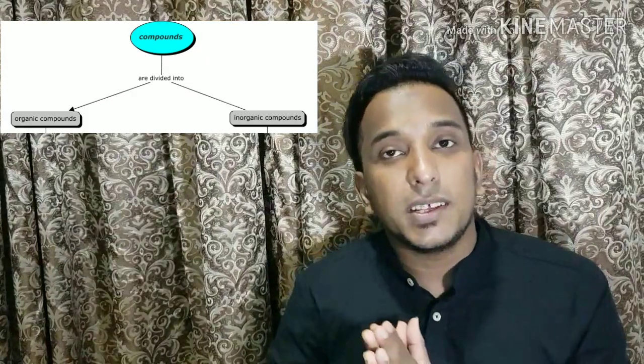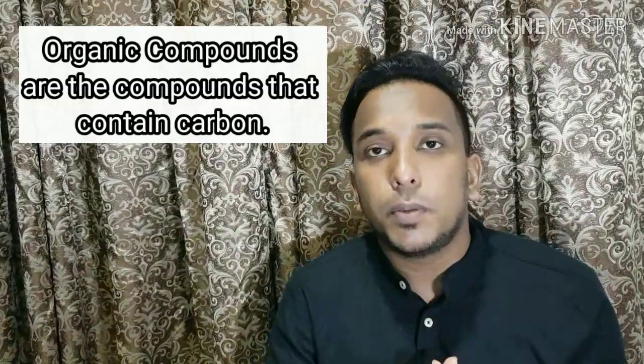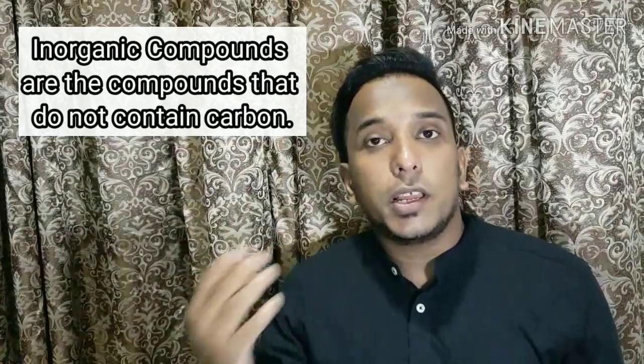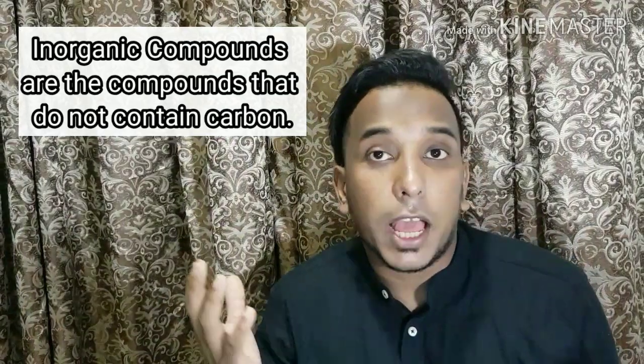Compounds can be divided into two: organic and inorganic. Organic compounds are the compounds that have carbon, and inorganic compounds are the compounds which do not have carbon. But there are some exemptions. Let me take an example: carbon dioxide, CO2.